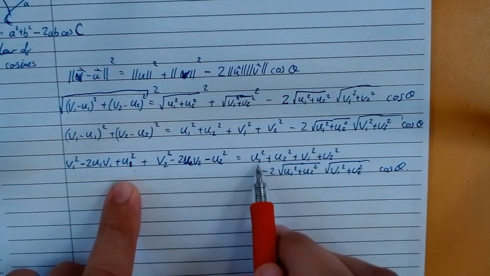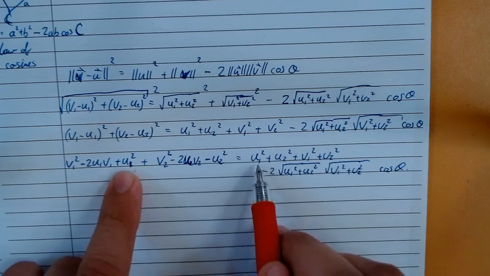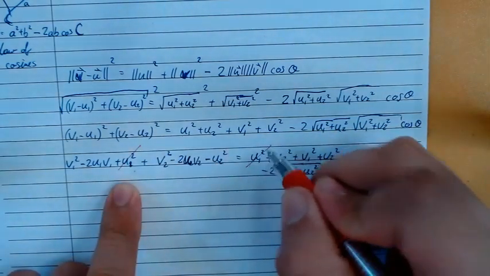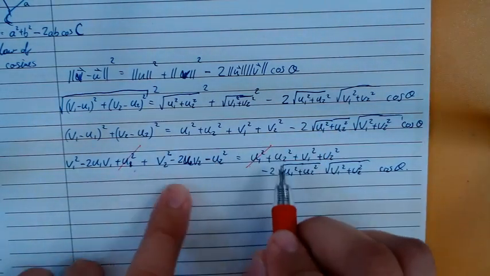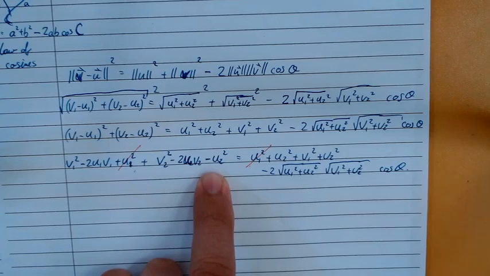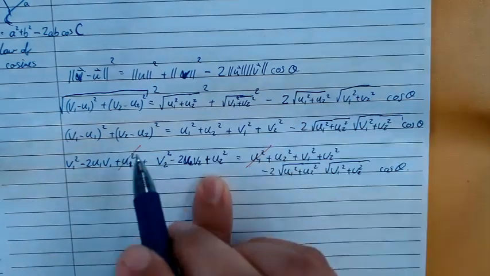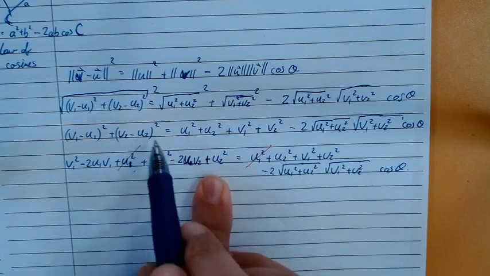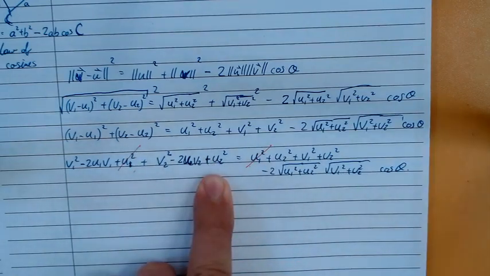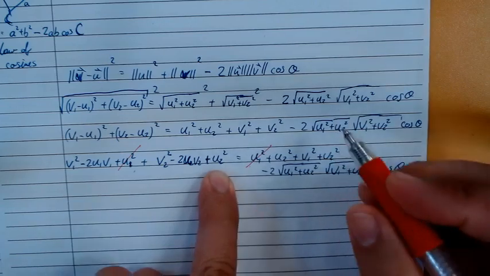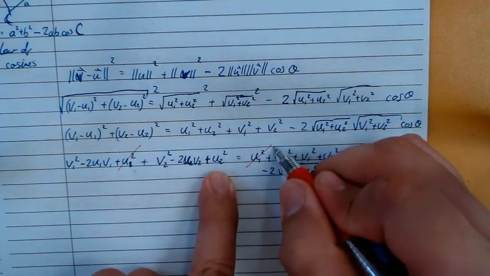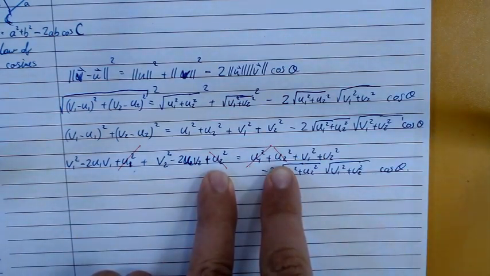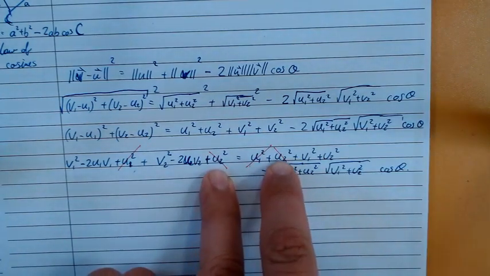Hey, look, u1 squared is on both sides of my equation. So if I subtract u1 squared from both sides, that just becomes 0. That should be a plus, right? When I square negative u2, negative times negative is positive u2 squared. Why didn't anybody tell me? Those two are the same. So if I subtract u2 squared from both sides of my equal sign, that goes away.